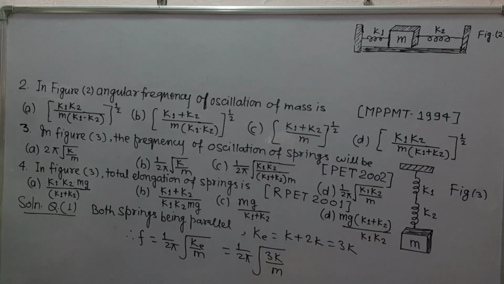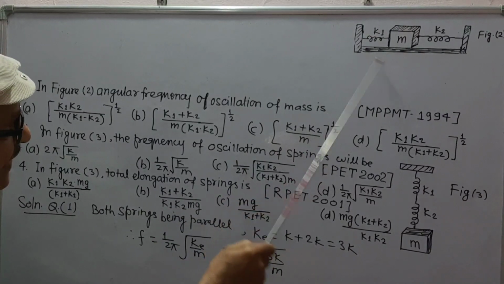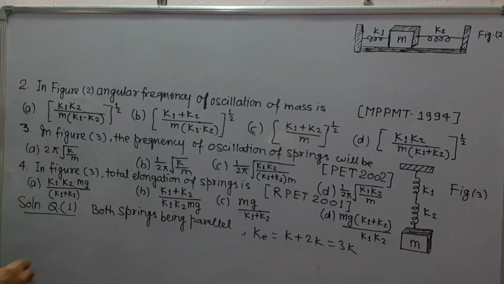Next question number 2. The question is, in figure 2, the angular frequency of oscillation of mass is, this is figure 2, we have to find the angular frequency. Solution to question 2.